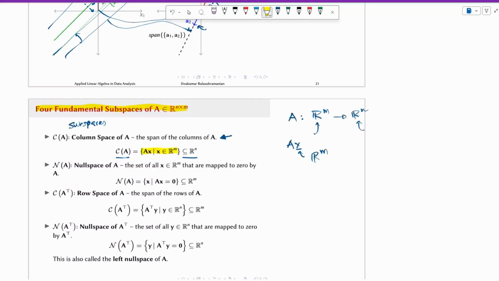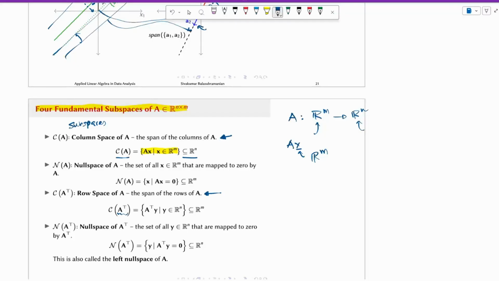Okay. If the definition is clear, the row space is essentially the same thing. It is simply the set of all linear combinations of the rows of A. And the reason it's written as C of A transpose is because if you do the transpose operation, rows become columns.